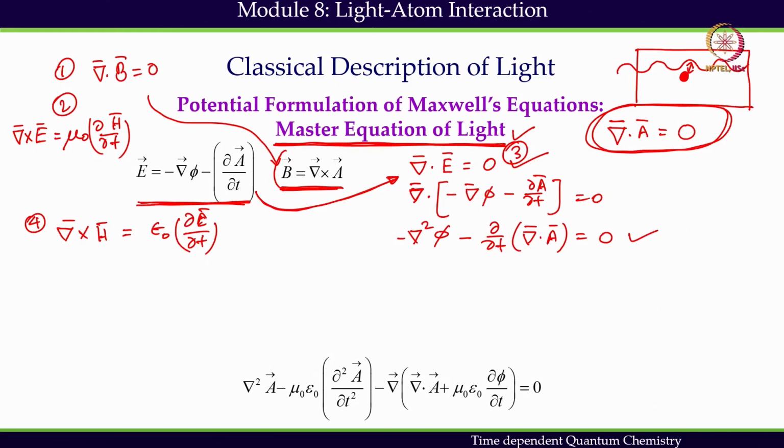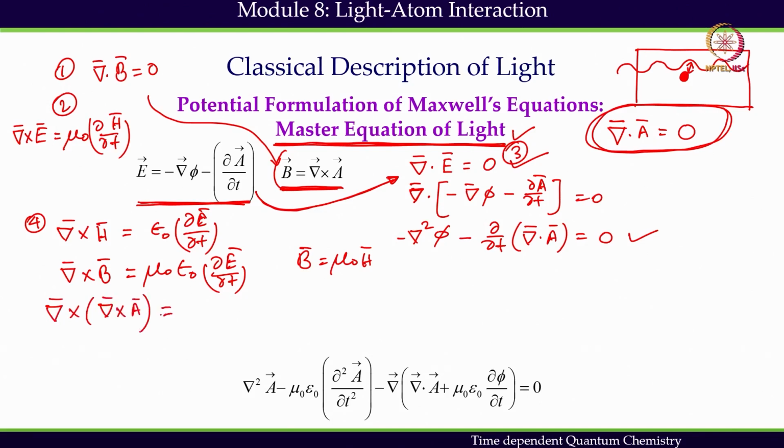We can also write this with B as mu naught epsilon naught dE/dt, because B is nothing but mu naught H. And B is represented as the curl of A. Now I am plugging this in, converting the fourth Maxwell's equation into the potential form, and then I get mu naught epsilon naught.